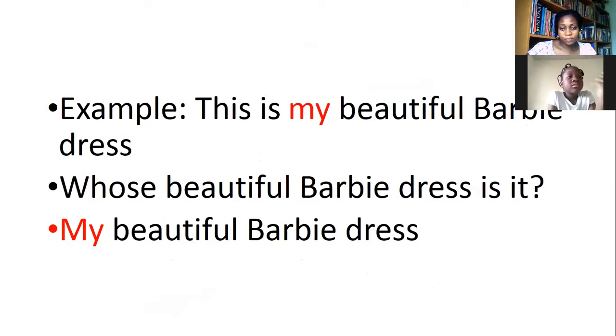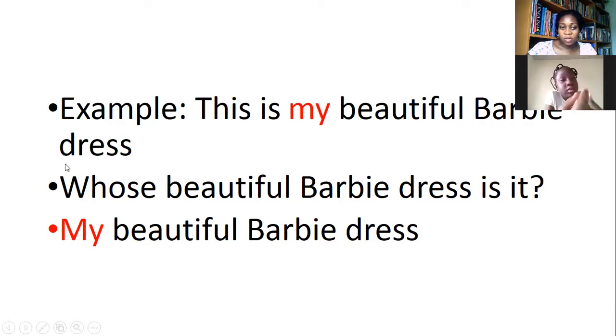Go ahead. Example: this is my beautiful Barbie dress. Whose beautiful Barbie dress is it? My beautiful Barbie dress. So what is the possessive adjective in the first sentence? My. And in the third sentence? My. So it's showing what? Ownership.